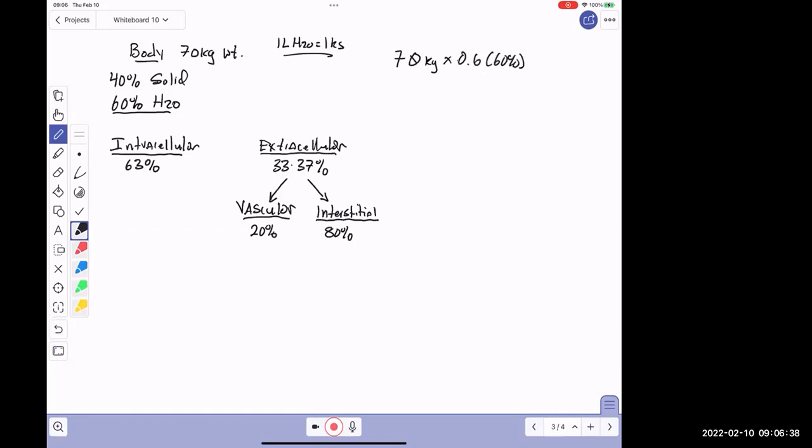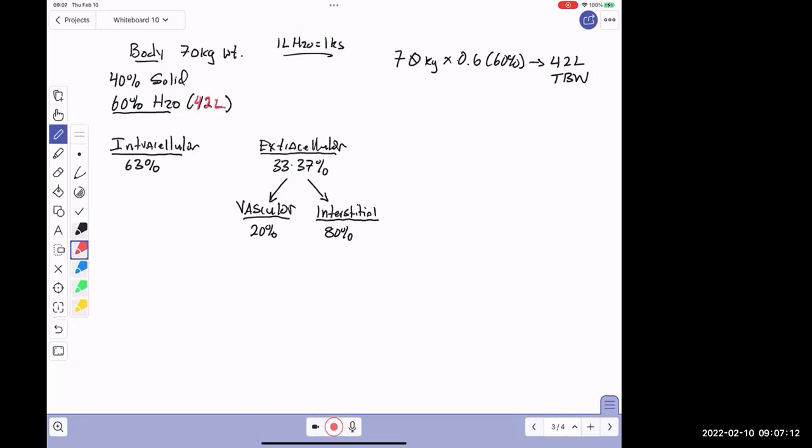That's 60%, because I want to figure out what 60% of 70 kilograms is. That gives me the total body water, about 42 liters. So about 42 kilograms of that 70 kilogram patient is water. Maybe I'll do that in a different color, 42 liters.